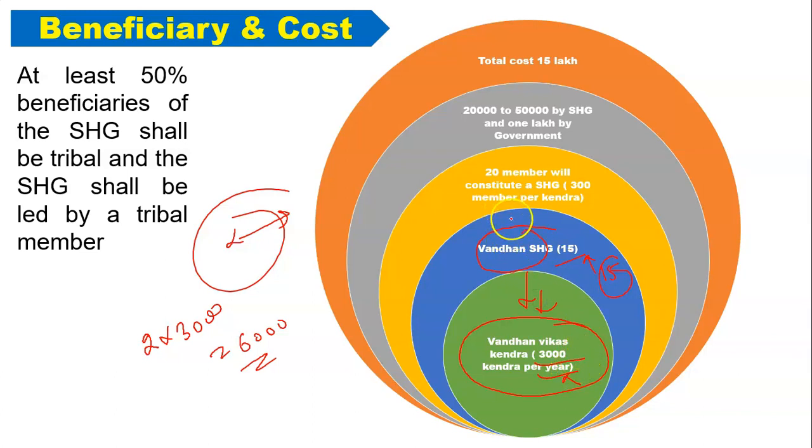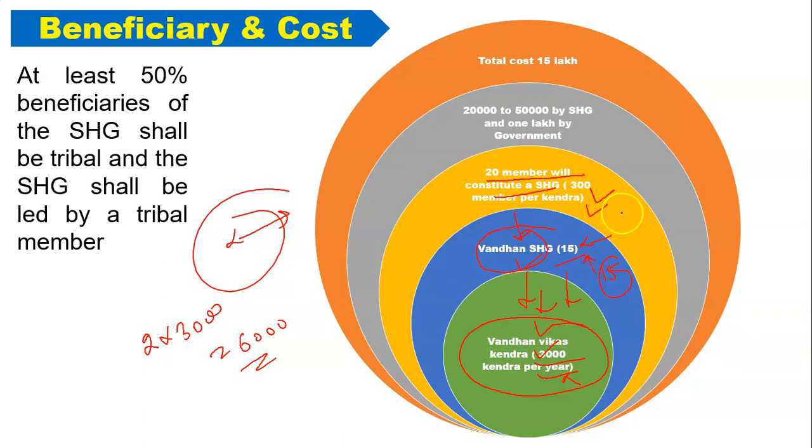Now each Dhan self-help group will comprise 20 members, or 300 per Kendra. How? These self-help groups are total 15 in number and will create a Dhan Vikas Kendra.